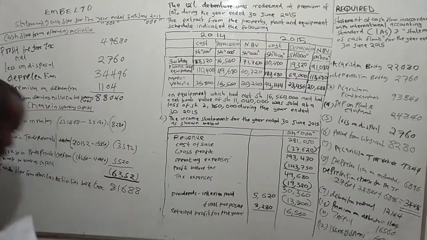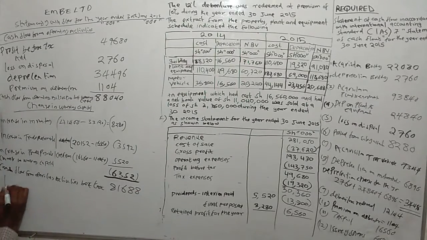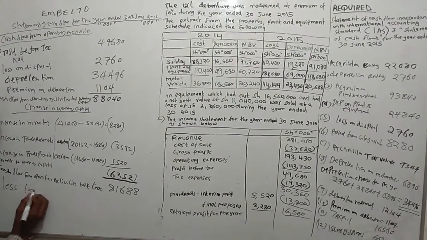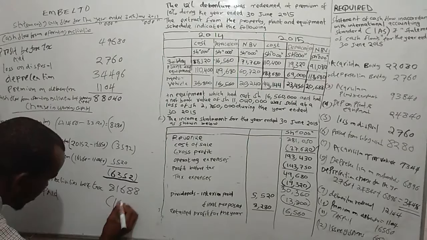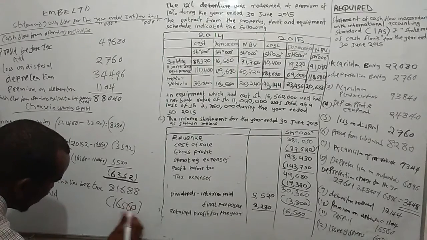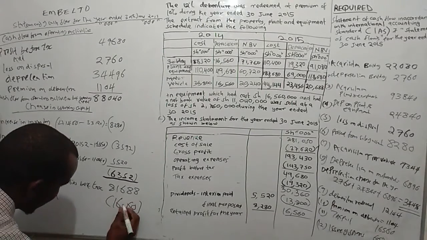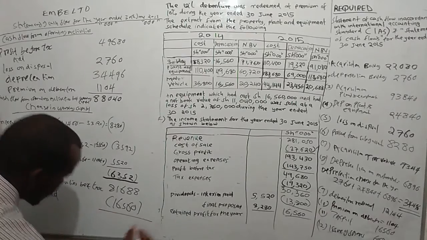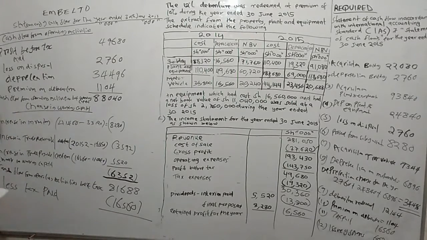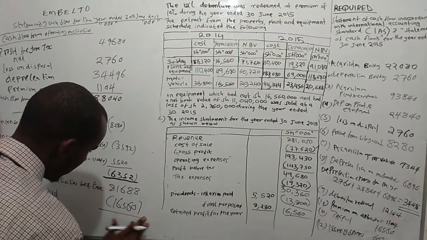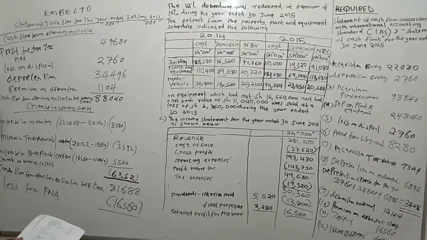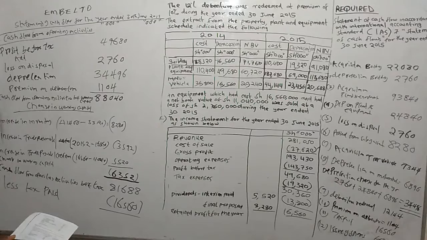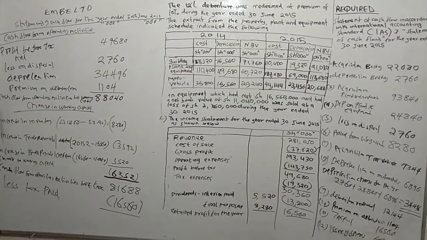That gives 81,688. Then we say less tax paid. The tax paid is 16,560, so we subtract 16,560 from 81,688.